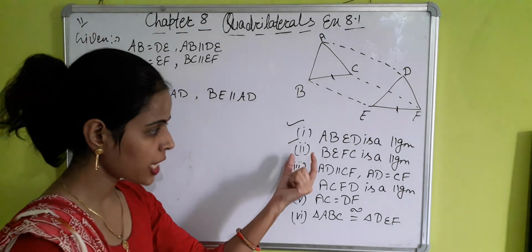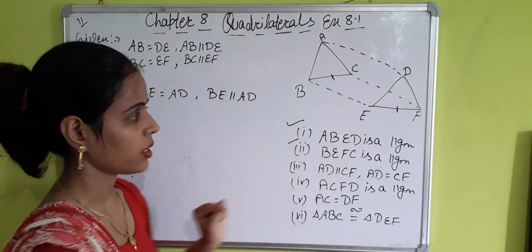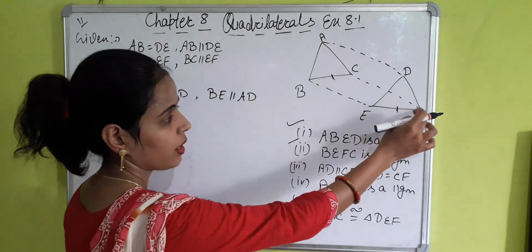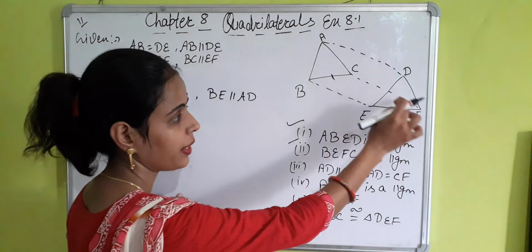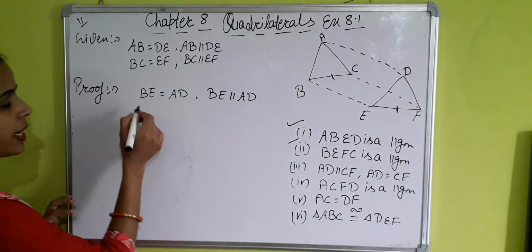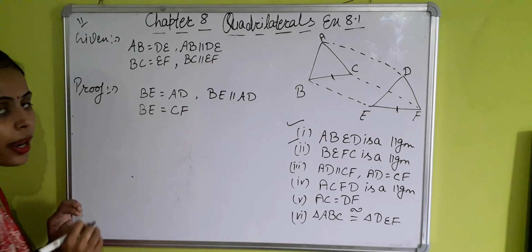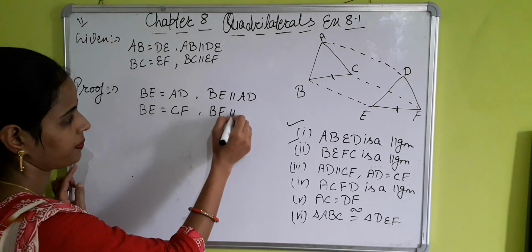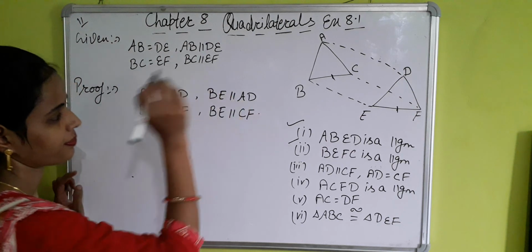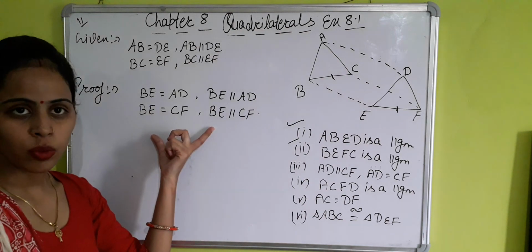With the help of second part, parallelogram BEFC, opposite sides BE and CF are equal and parallel. In a parallelogram, opposite sides are equal and parallel.